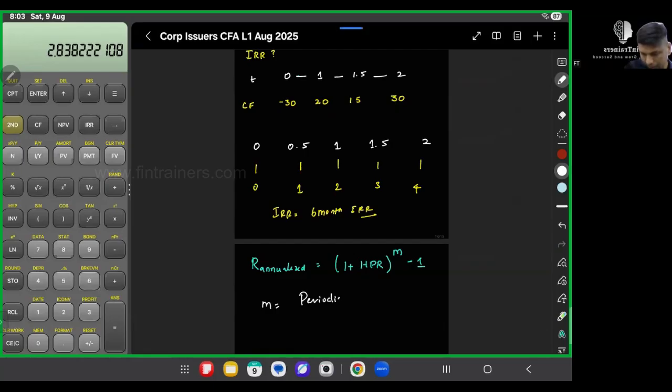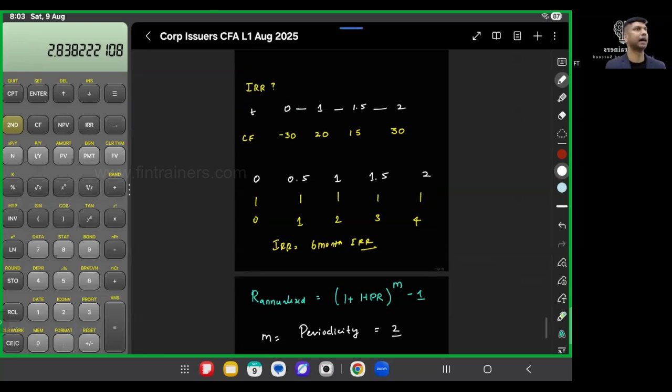How many periods are there in a year? How many 6 months are there in a year? So we are raising it to the power 2. 1 plus the return you get from IRR, raised to the power m, which is 2, minus 1. That will give you the annualized IRR.